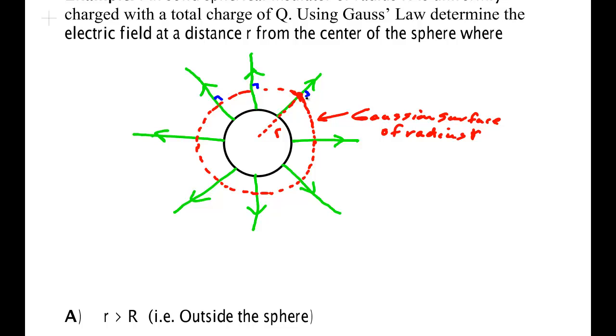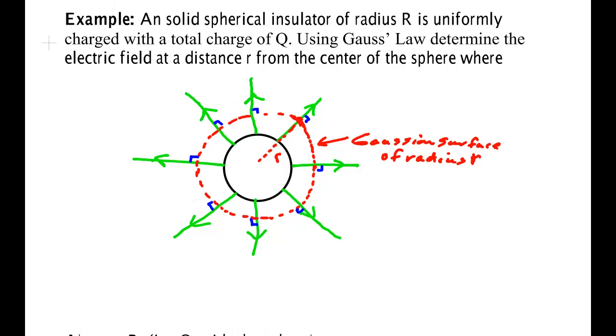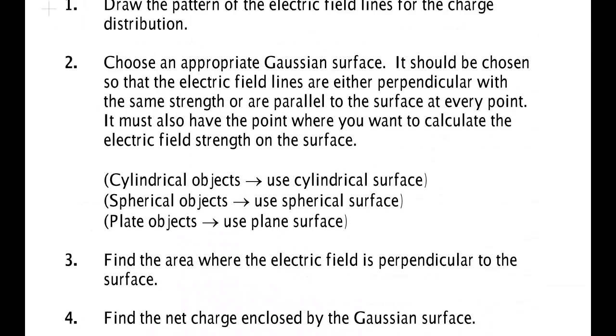So I'm going to be looking at cosines of 0 degrees, because my area vector points in the same direction for my Gaussian surface as my electric field lines. So these are the first two things I need to do: find a Gaussian surface that fits these requirements.